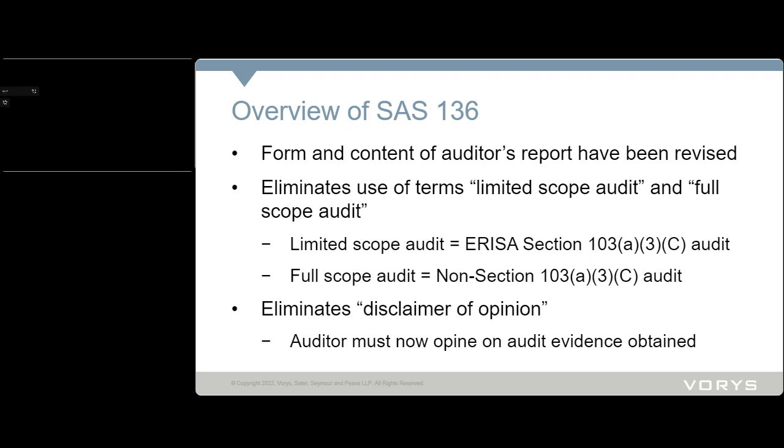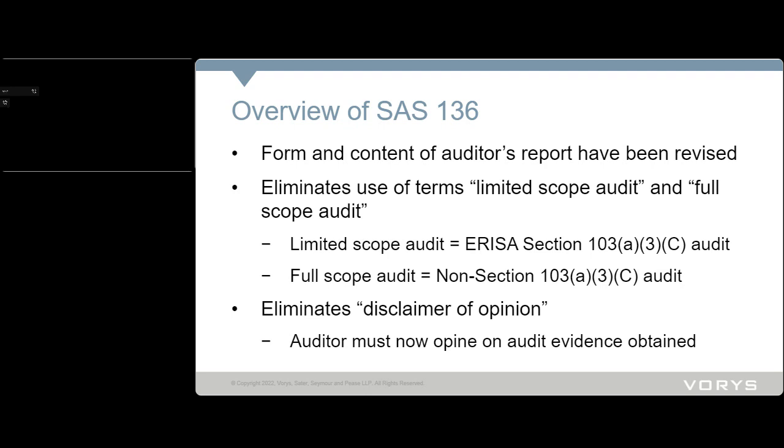Again, the form and content of the auditor's report has now been revised. It has eliminated the use of the terms limited scope audit and full scope audit. A limited scope audit is now an ERISA section 103(a)(3)(C) audit, and a full scope audit is a non-section 103(a)(3)(C) audit.